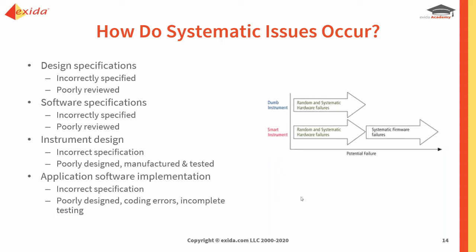So we need to make sure that we specify our equipment properly, and the application software as well, if that's poorly specified or poorly designed and there are errors, or the testing isn't fully complete. So these can all lead to potential systematic issues. And of course, the problem with that is you could end up with failures on demand. And that's what we do not want to happen for a safety instrumented system and its SIFs.